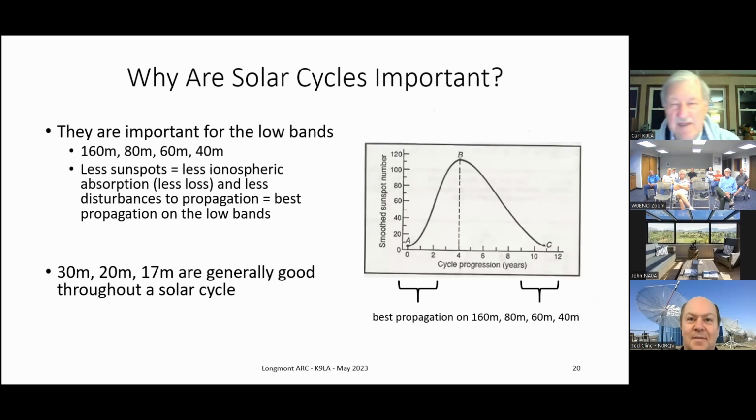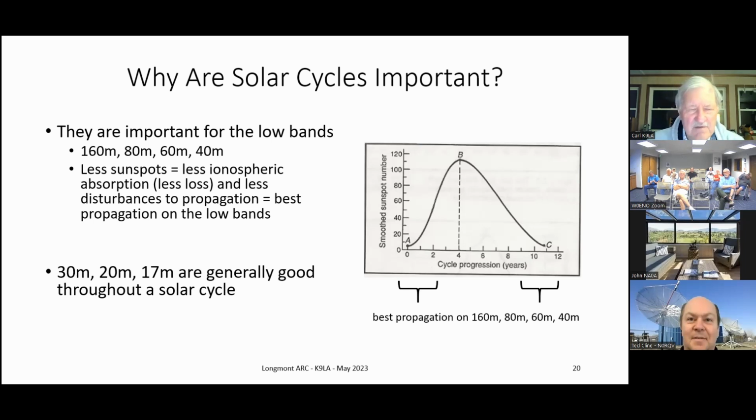Doesn't say you can't work the low bands at solar maximum, but it's more fun to be on 10 meters with S9 plus signals at solar max than being on 160 meters with signals at the noise at solar max. But if you're a dedicated low bander, you can be there throughout an entire solar cycle.